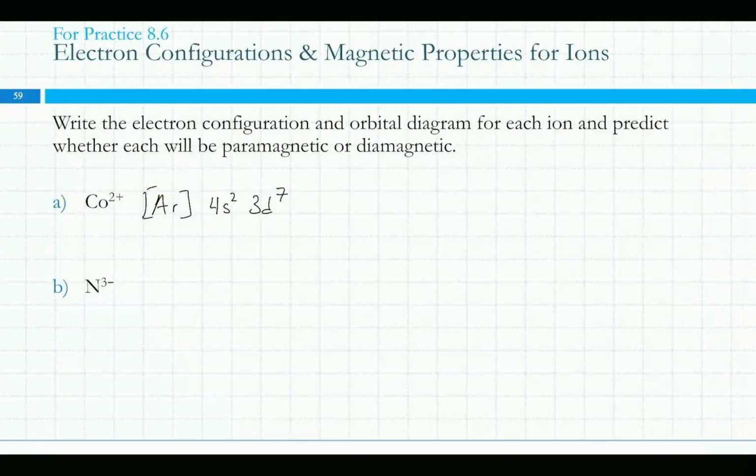So 4s2, 3d7 would be cobalt, no charge. But which electrons do I remove first? The 4s electrons. So these get removed first. So the electron configuration would be argon, and then 3d7.